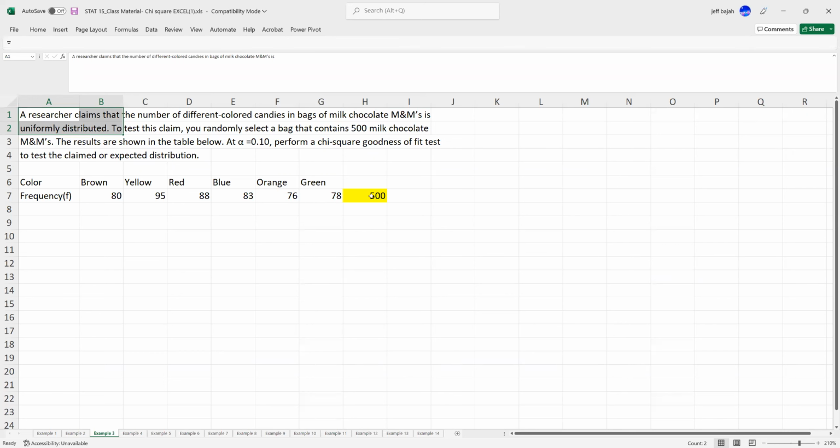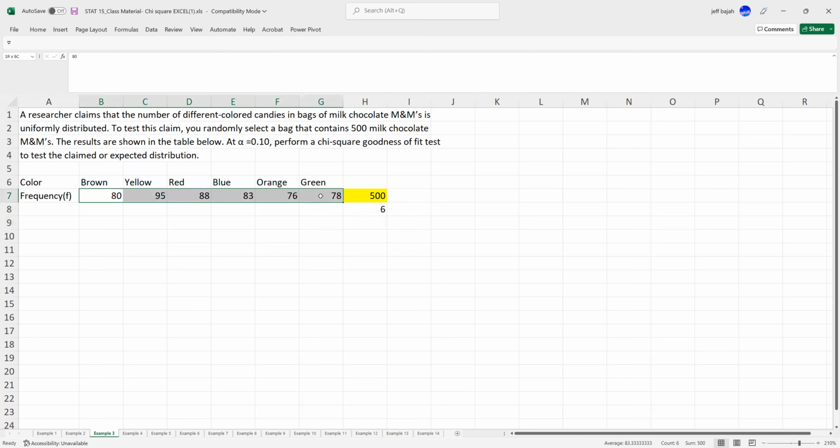The total was 500, but what were the different colors? We can count that. So there were 6 different colors.